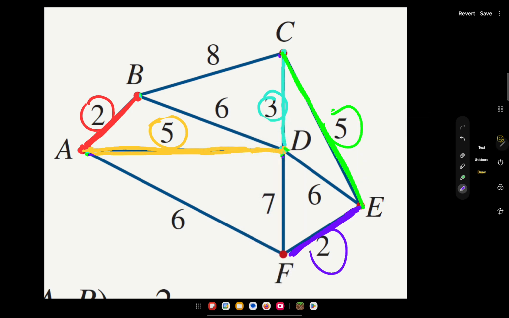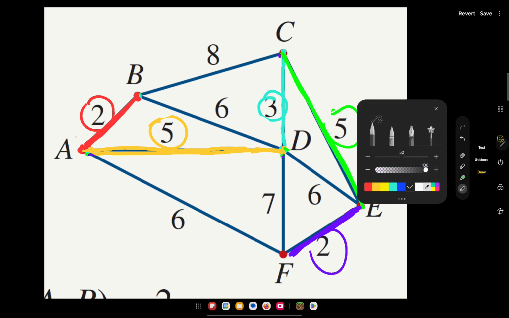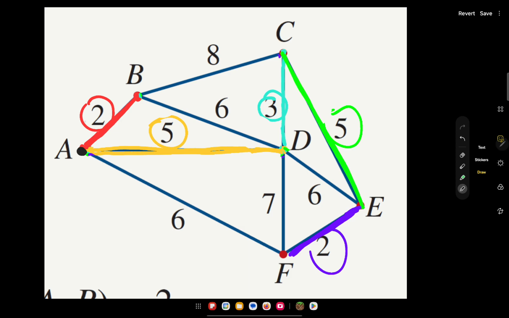Right there. And with that, what we have is a tree, because a tree, remember, has every single vertex in action. If I'm missing one vertex, it's not a tree. Okay? So we're using all of our vertices, all of our letters here. A, B, C, D, E, and F. Okay?